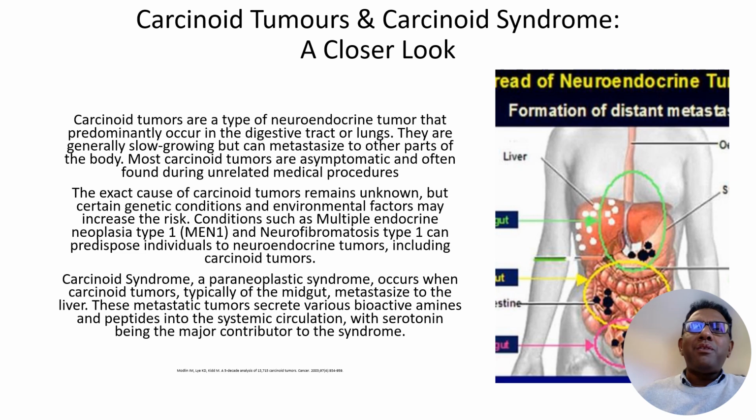Well, it is a paraneoplastic syndrome that occurs when carcinoid tumors, typically originating in the midgut, metastasize to the liver. These metastatic tumors secrete various bioactive amines and peptides into the systemic circulation, with serotonin being the major contributor to the syndrome.